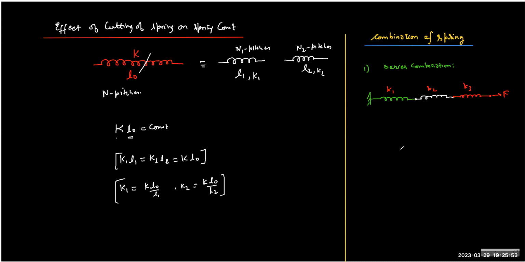Very good. Whenever some effect gets reduced, we use the reduced formula, and the reduced formula is very simple. We write 1 by K effective, or K equivalent, equals to, since something reduces, the inverse will grow.